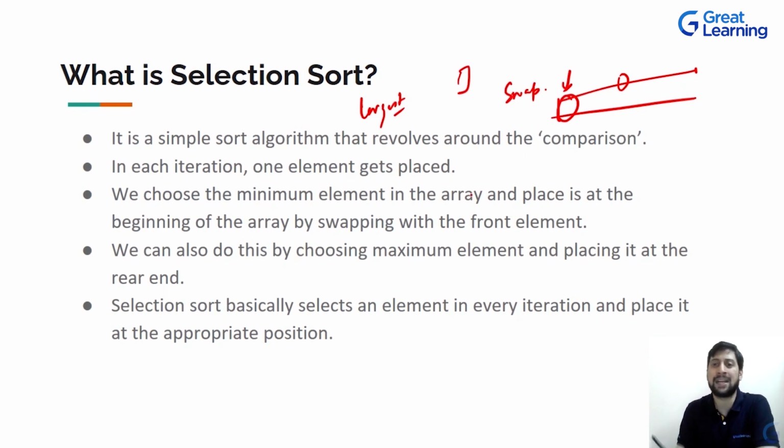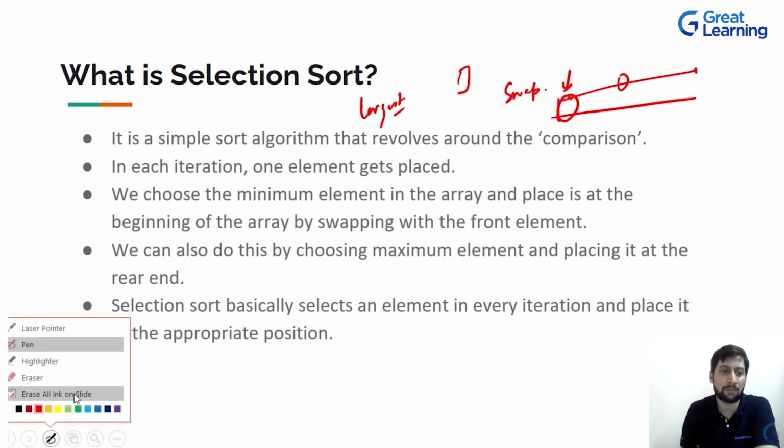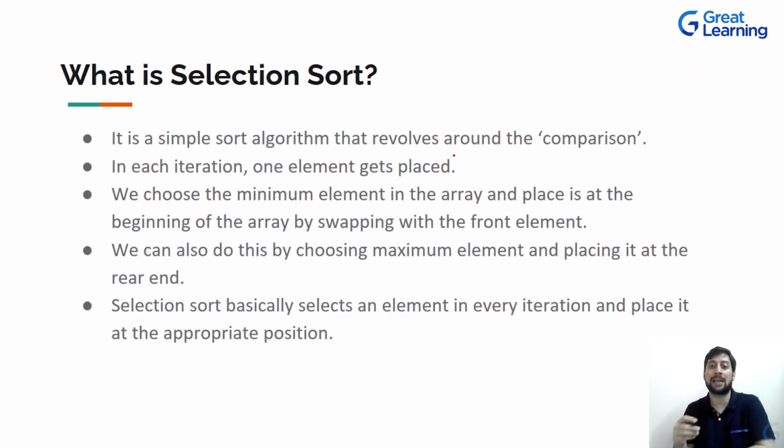We will be choosing a minimum index in this sorting algorithm. We have one minimum index, which can be named minimum, since we are dealing with the smallest element. That minimum element in the array is placed at the beginning of the array. Later on, we will compare it with all the elements, find out the minimum, and then swap it with the first index.